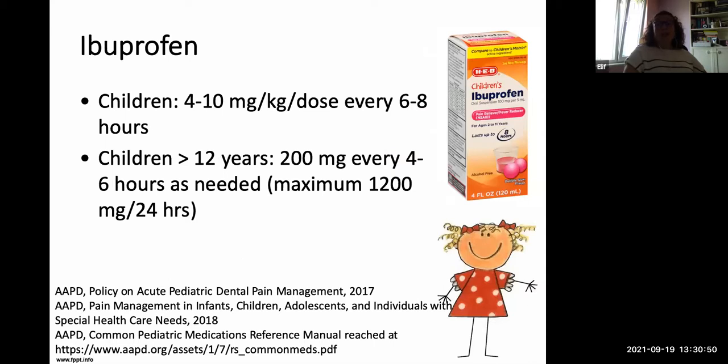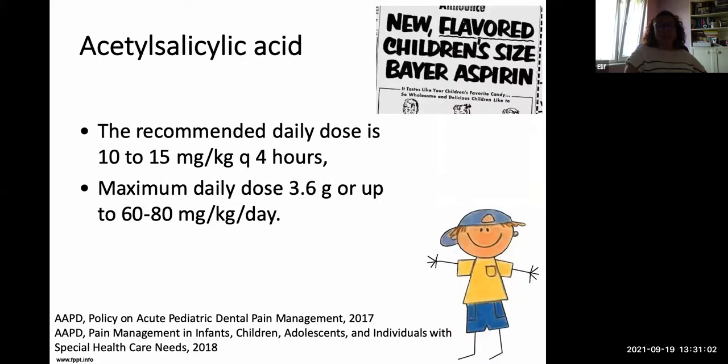Ibuprofen is one of the medications we prescribe in this category, and in this slide you may see the dosage used in children. The other medication in this category is acetylsalicylic acid, and you see the recommended daily dose in this slide.